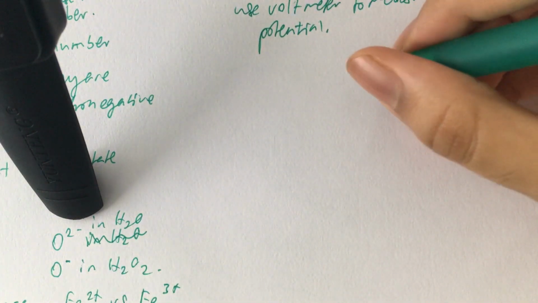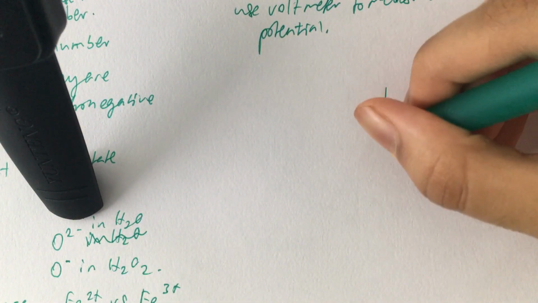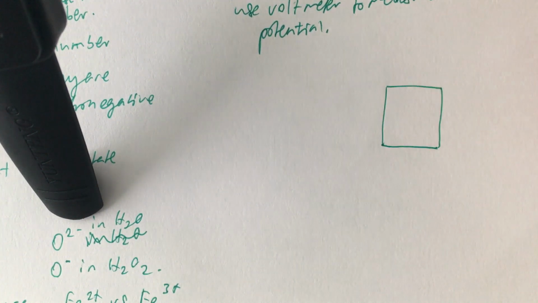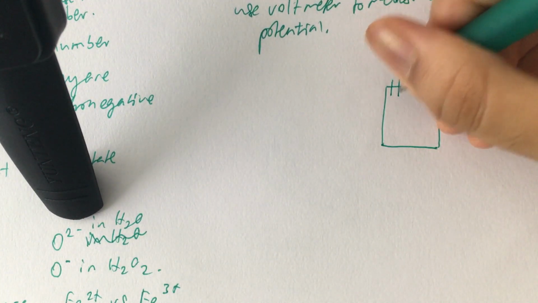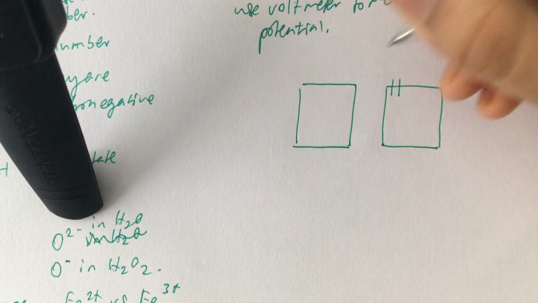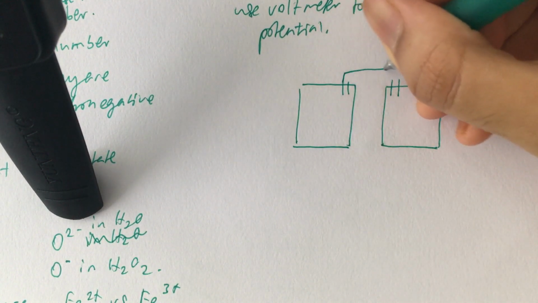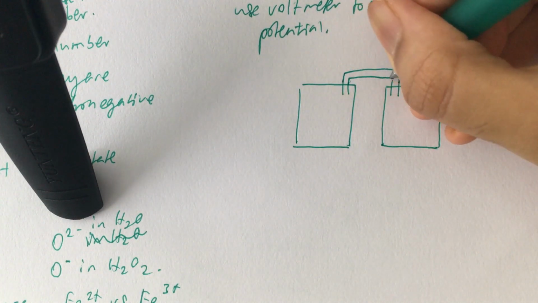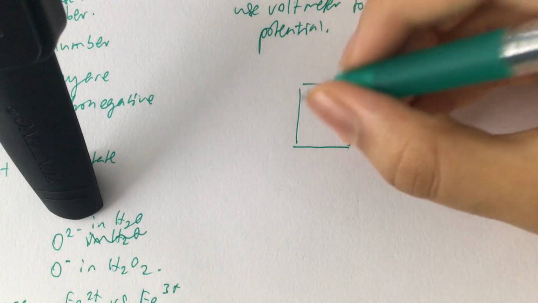For the standard electrode potential, we first have to look at the equation to figure out what we must use, because we have the anode and the cathode, right?